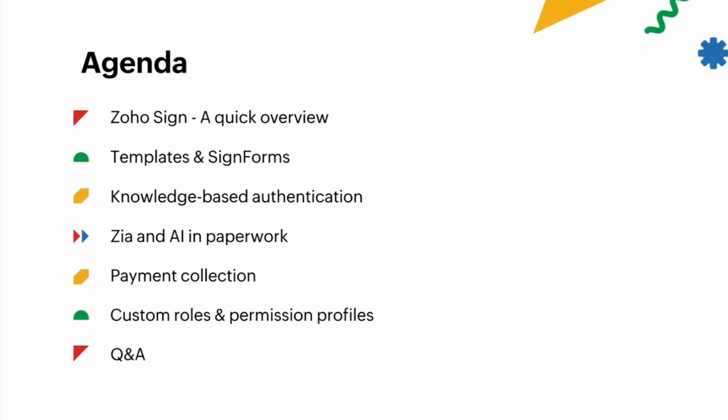You have authentication. You have how you can use AI in paperwork now that AI is all the rage and everybody wants to get in on the act, and how you can also leverage some of the integrations that we have to collect payments. And if you're perhaps a larger setup, meaning you have a full-blown agency with multiple employees, how you can segment your data in a way that makes sense for people to have access to only what they need to have access to.